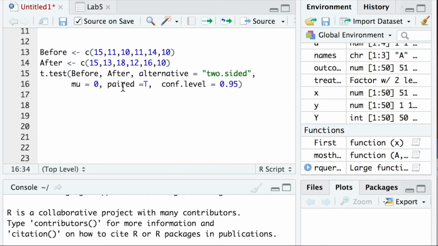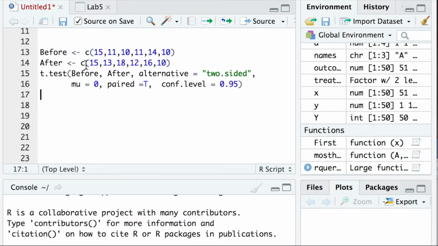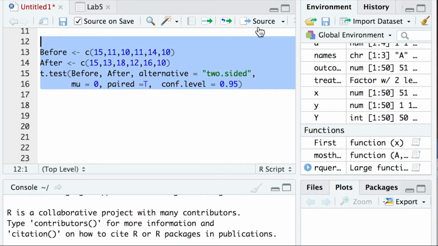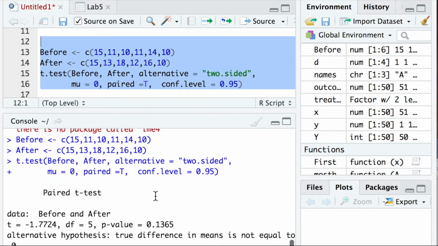Paired means these participants are the same and took the test two times, so you should enter T, which means TRUE, and then enter the confidence level. Because alpha is 0.05, the confidence level should be 0.95, and then I can run it. In the console window, I can see the result.